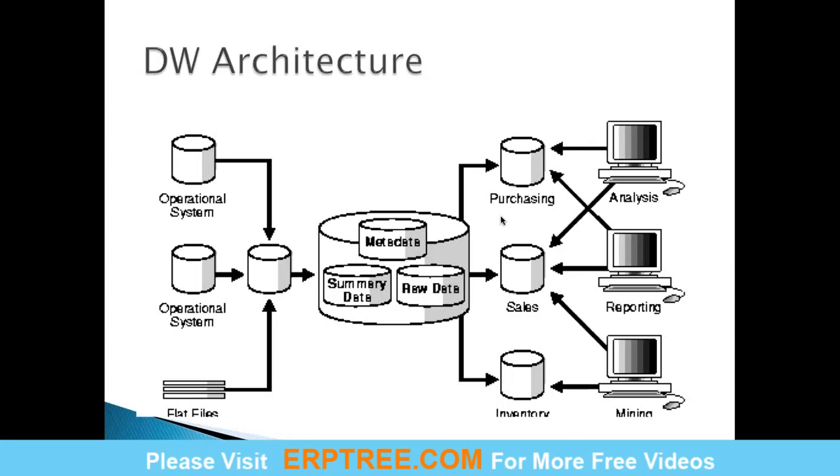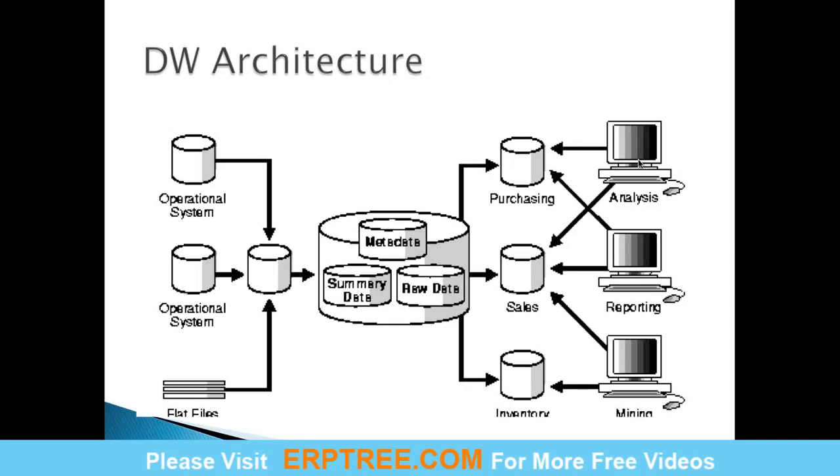The same thing happens in a data warehouse also. If a customer wants to see product sales, the request comes directly to this department, because the data warehouse has already categorized the departments here.